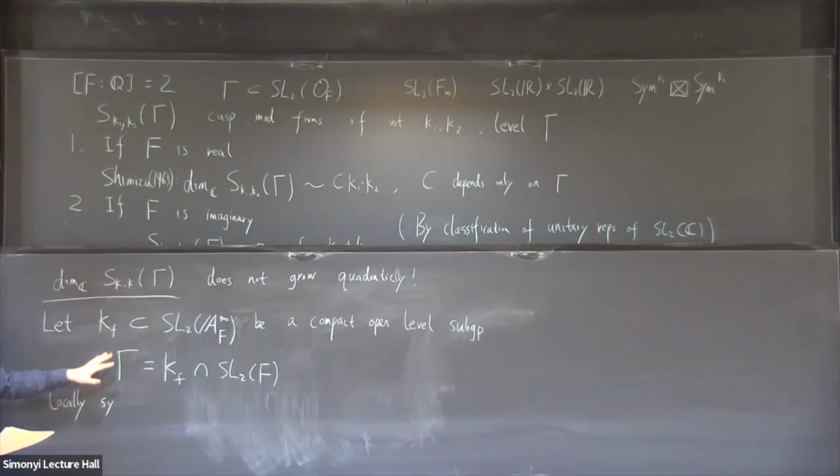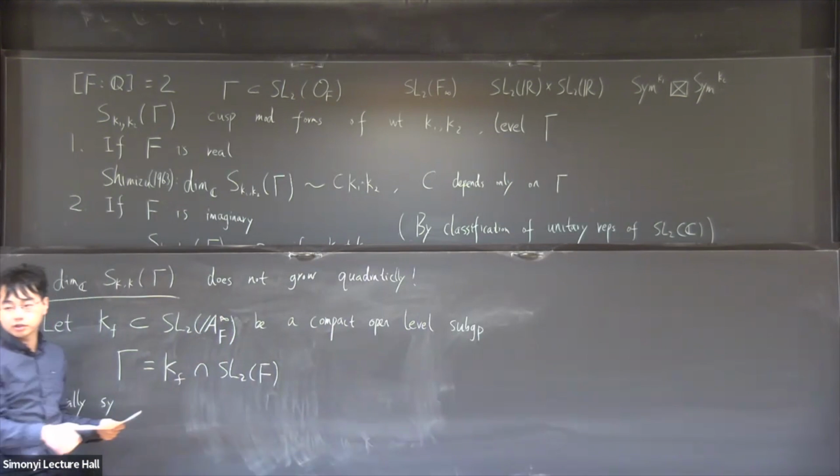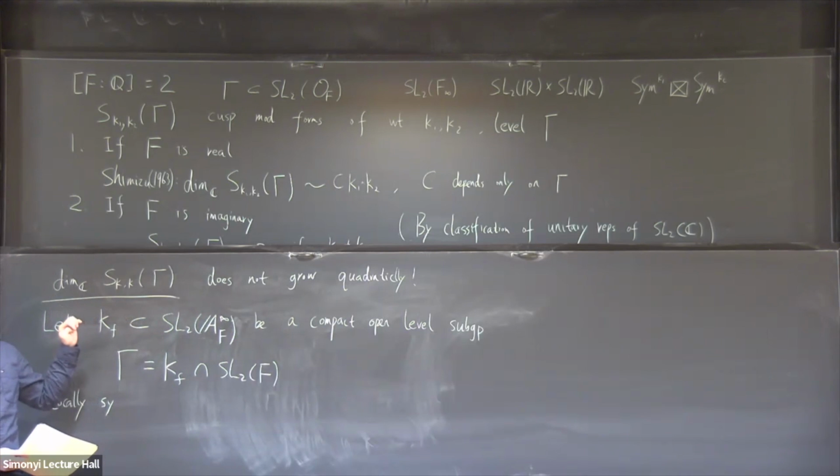That's the infinite part, and this is A_F away from infinity. A lowercase subscript means you keep it, and an uppercase subscript means you get rid of it. Okay, so finite, not uppercase, lowercase.